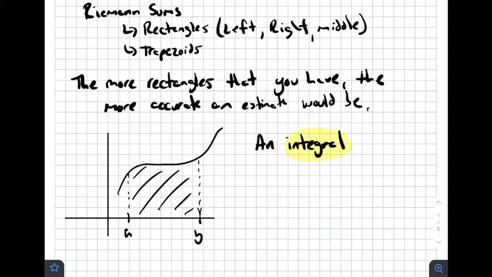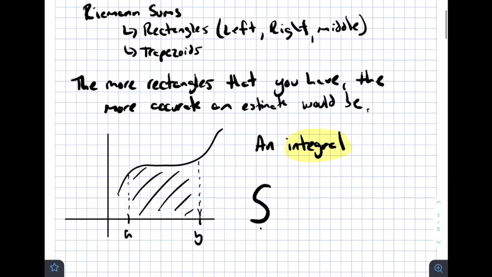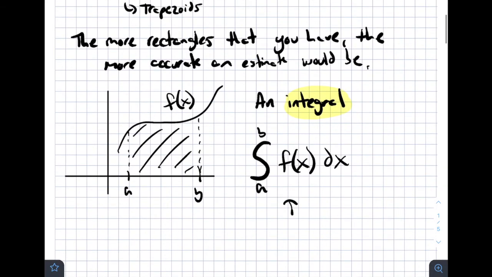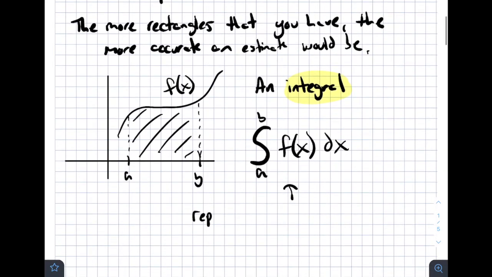Well, first off, let's show how we write it. We have this S-shaped thing, and I'll put a b on the top and an a on the bottom. We'll say that this is our function f of x, so this is the integral of f of x dx. This symbol and this mathematical statement represents the exact area under the curve.